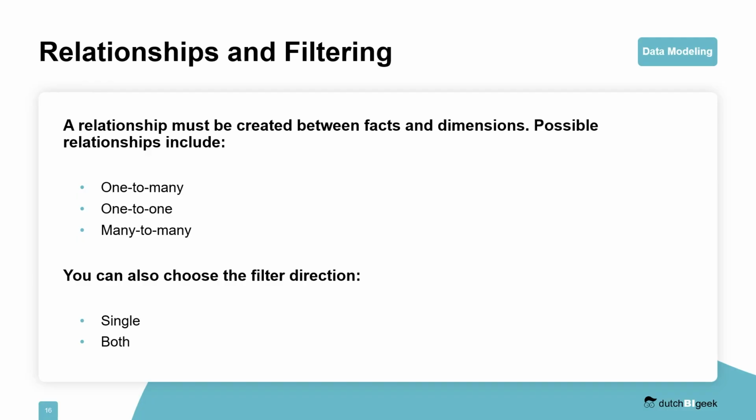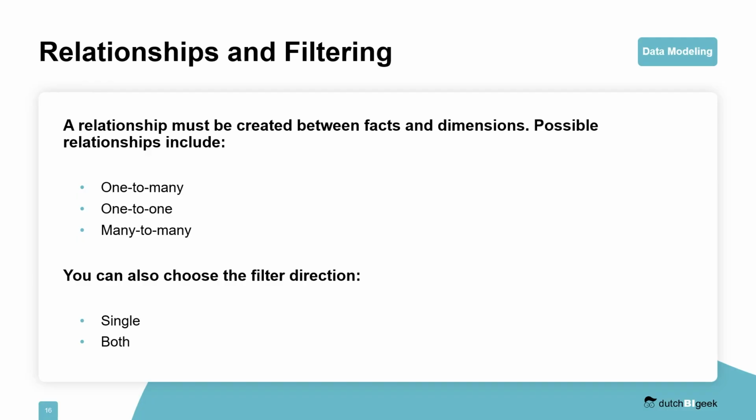But sometimes some users use the bidirectional relationship, and in that case it's possible to reach the table on the one side and also on the many side if you use a one-to-many relationship.